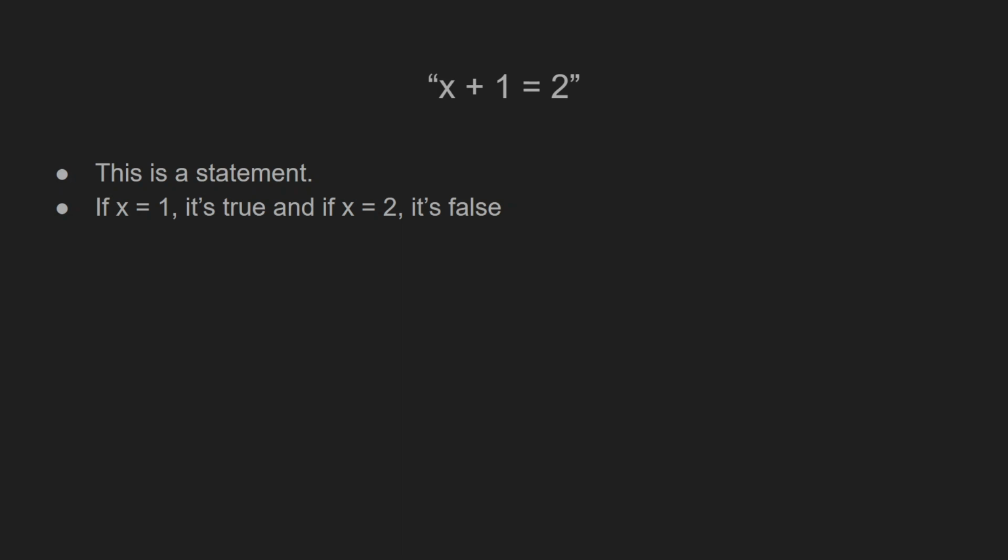And if you set x equals 2, the result will be 3, so the statement becomes false. Do you remember? We learned before that to become a proposition, it could be either true or false, but not both. So this is not a proposition.